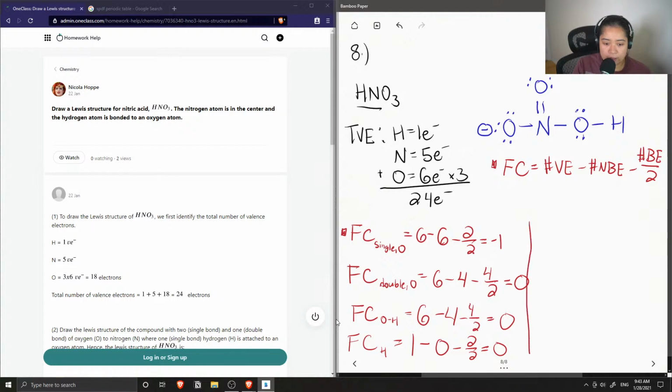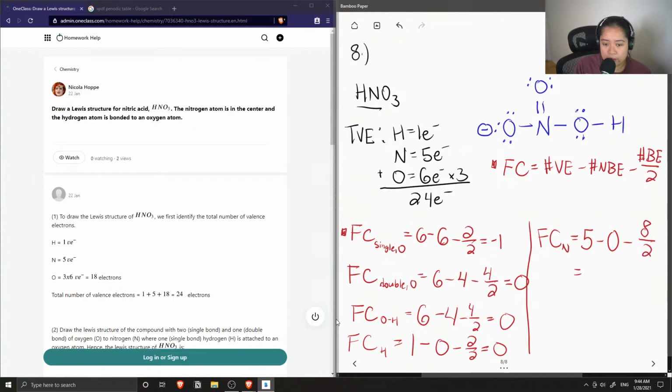And finally, let's calculate the formal charge of nitrogen. Nitrogen has 5 valence electrons. There are 0 lone pairs in this structure on nitrogen. And there are 4 bonds to the nitrogen, so that means we have 8 bonding electrons divided by 2.